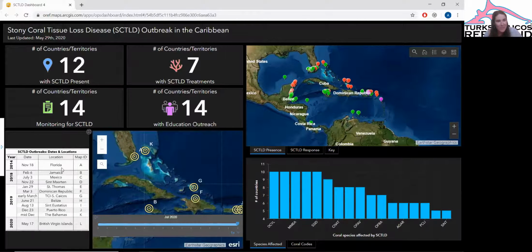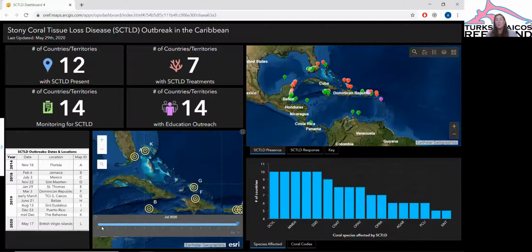In 2018, we can see that Jamaica, Mexico, and Sint Maarten started to observe tissue loss disease. By 2019, we're seeing it in St. Thomas, the Dominican Republic, the Turks and Caicos Islands, Belize, St. Eustatius, Puerto Rico, and by the end of 2019 in the Bahamas as well. And most recently, the British Virgin Islands have been added as one of the dots on this map.